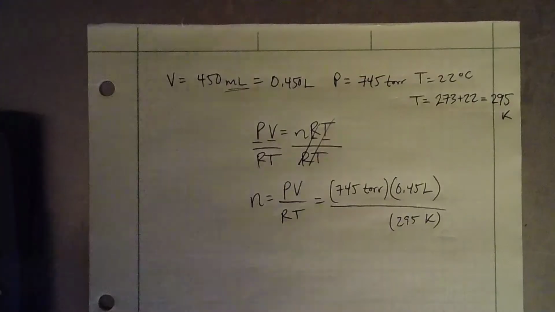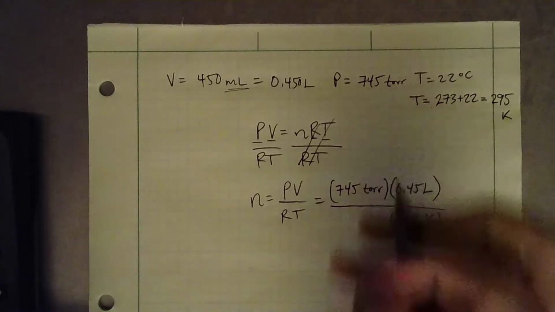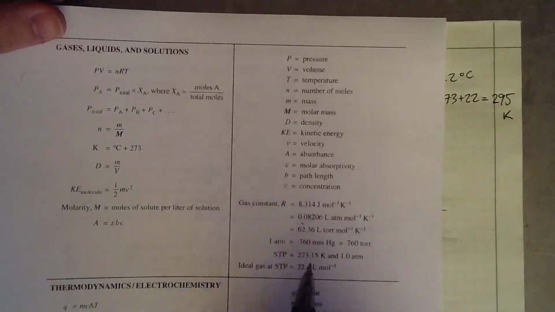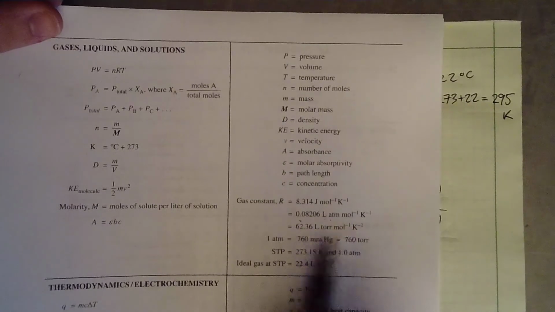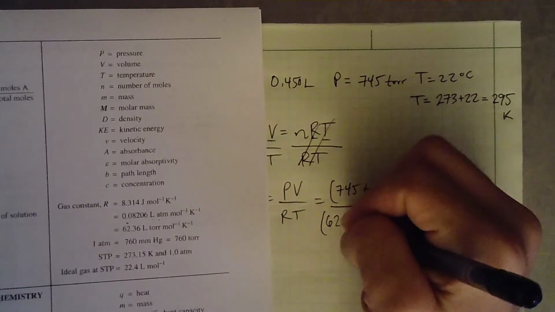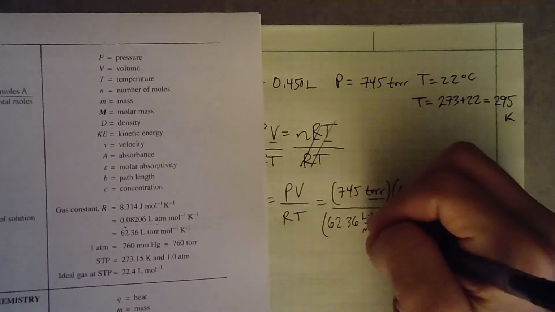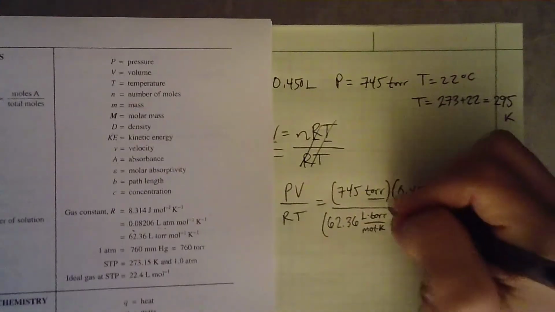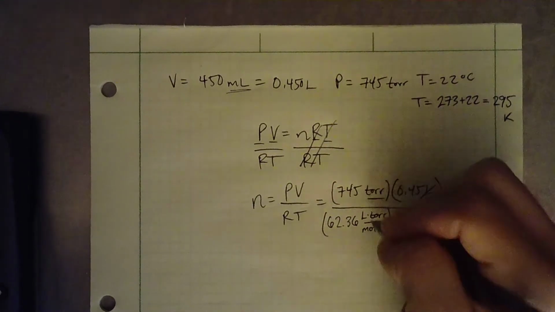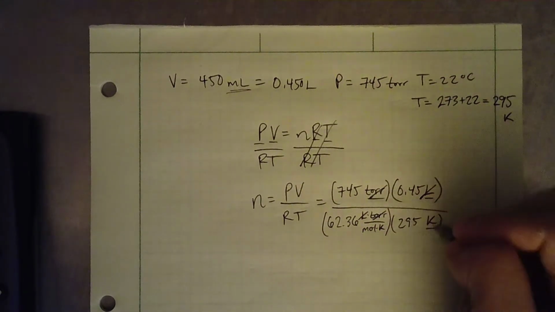All right, let's consult our list here. We're looking for a value of R that uses these units: torr, liters, Kelvin. Well, here it is, torr, liter, Kelvin, a bit of a different value, 62.36. Once again, these units do cancel out: liters in the numerator and denominator, same thing with torr, and then Kelvin.